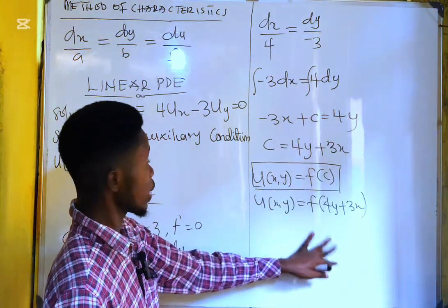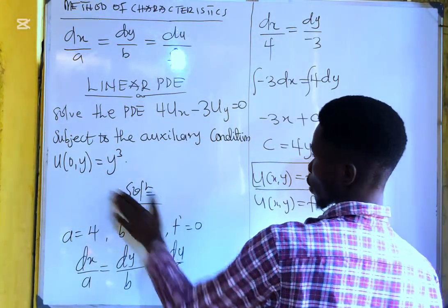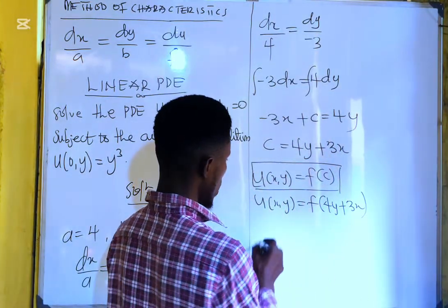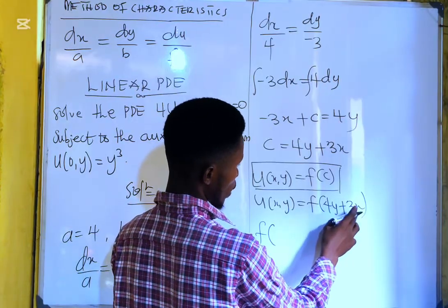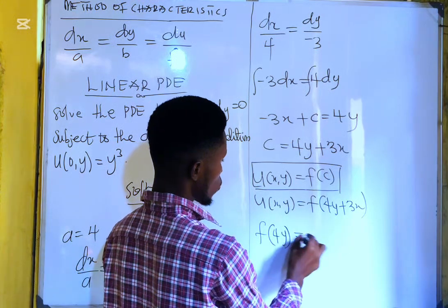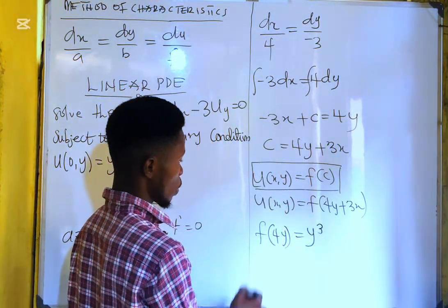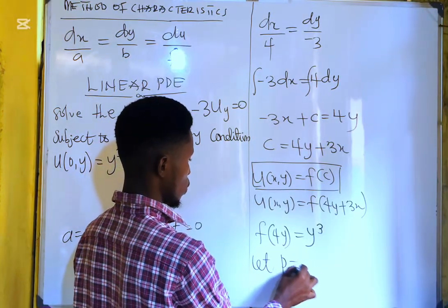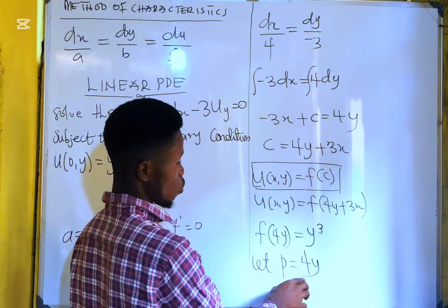Now after getting this, the condition is given. Wherever we see x is 0, y is y. So here we are going to have f at 4y, since x is 0 and this will go to 0, is equal to y cube. So you let p be equal to 4y.